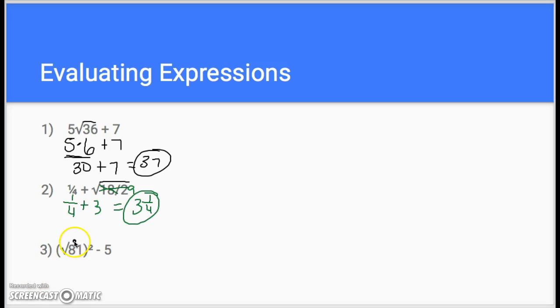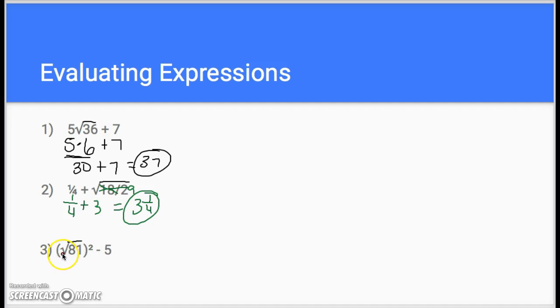On number 3, it says the square root of 81 squared minus 5. What I want you to notice in this piece right here is you have the square root of something and then you're squaring it. Those are exact opposites of each other. Just like adding and subtracting are opposites, multiplying and dividing are opposites, taking the square root of something and then squaring it are opposites.